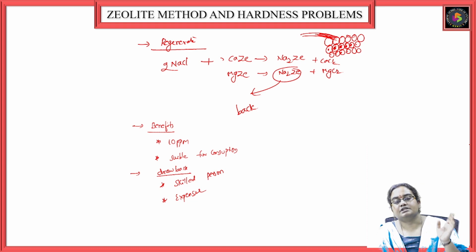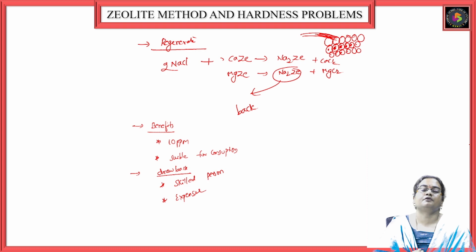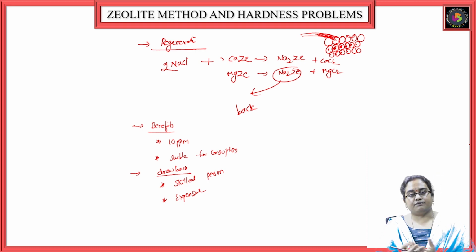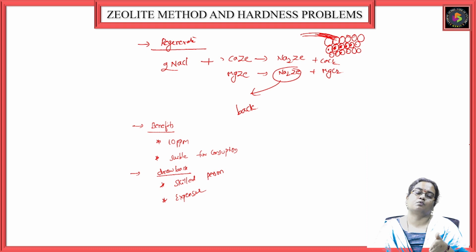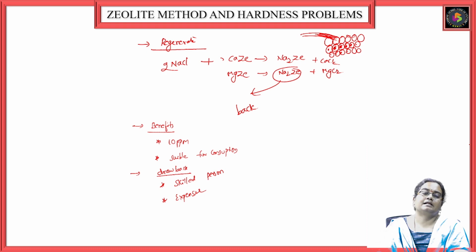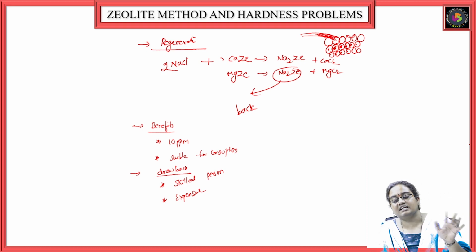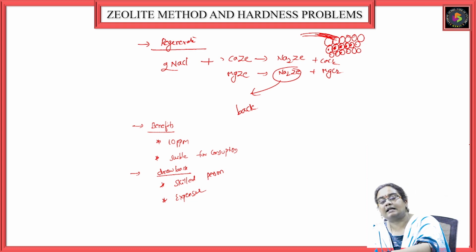Whenever it is used multiple times, if the zeolite gets exhausted, it won't undergo purification. So because of that reason, we want to regenerate. How to regenerate means by using your brine solution. When brine solution is passed, all your calcium zeolite and magnesium zeolite gets replaced by your sodium, due to which the zeolite is back and it can be used for further purification purpose.